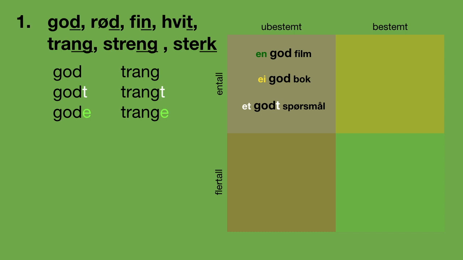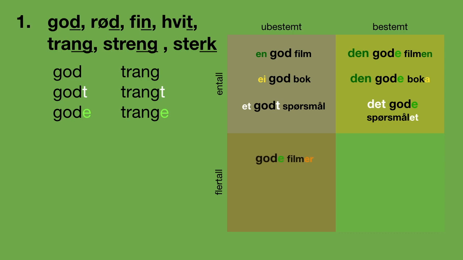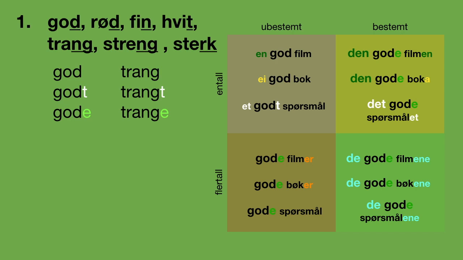For all the rest of the forms, we use gode. Den gode filmen. Den gode boka. Det gode spørsmålet. Gode filmer, gode bøker, mange gode spørsmål. De gode filmene, de gode bøkene, de gode spørsmålene.